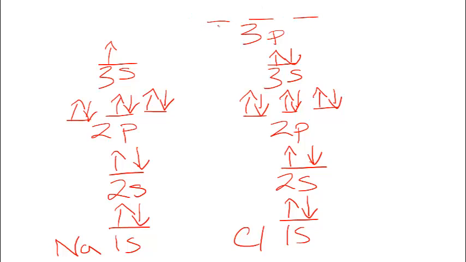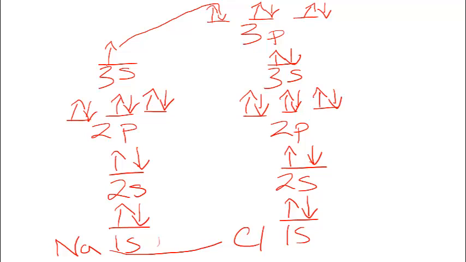Chlorine's 3p orbital, on the other hand, has 5 electrons. So it's got room for one more electron. And when ionic bonding occurs between sodium and chlorine, a transfer of the valence electron from sodium's 3s orbital to chlorine's 3p orbital occurs.